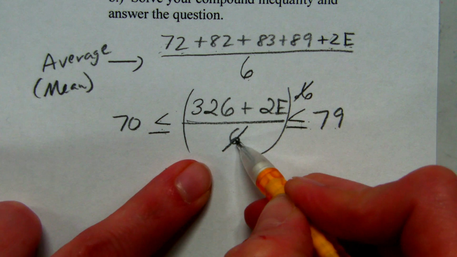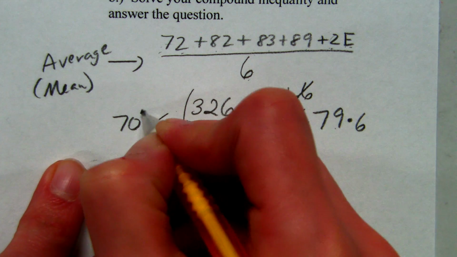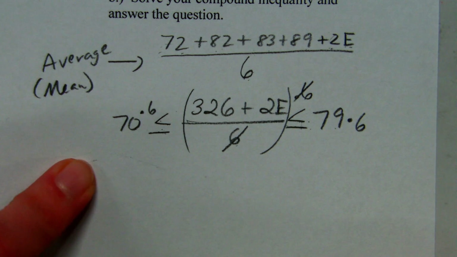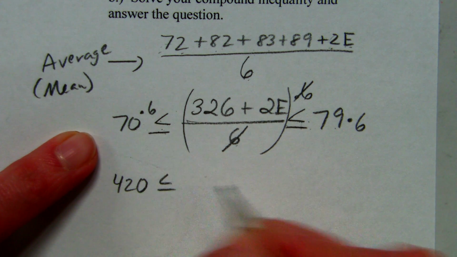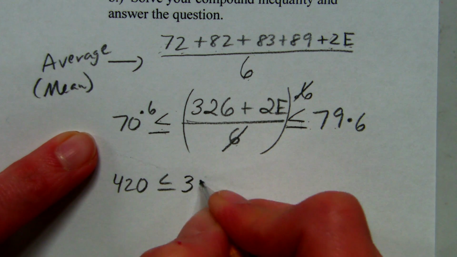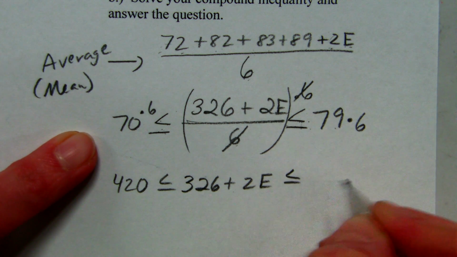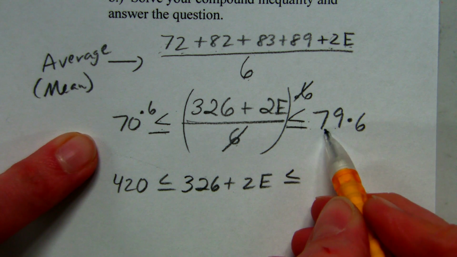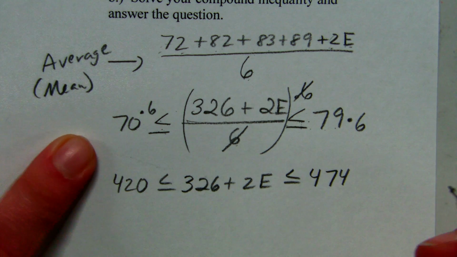But if I multiply the middle part by 6, I have to take 79 times 6, and I have to take 70 times 6 also. So 70 times 6 is 420. In the middle, we've just got the top of that inequality by itself. And then I've got 79 times 6, which is 474.